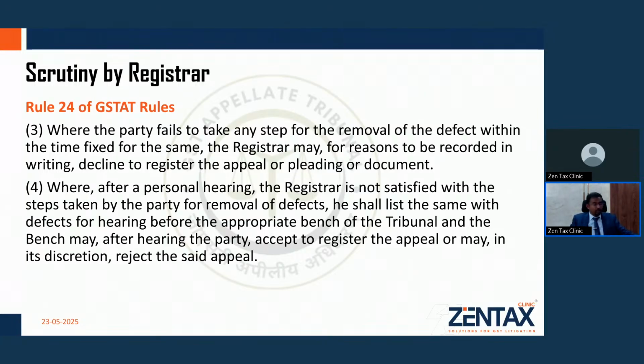Therefore, even if it is a defect, that defect petition will also come before the bench. The bench may consider and the bench may hear the party and say, fine, I will accept to register the appeal, or they may reject the said appeal. The bench has all the power to accept or to reject the appeal also. This is not on any of the merits, but this is only when there is a defect in the filing of the appeal document.